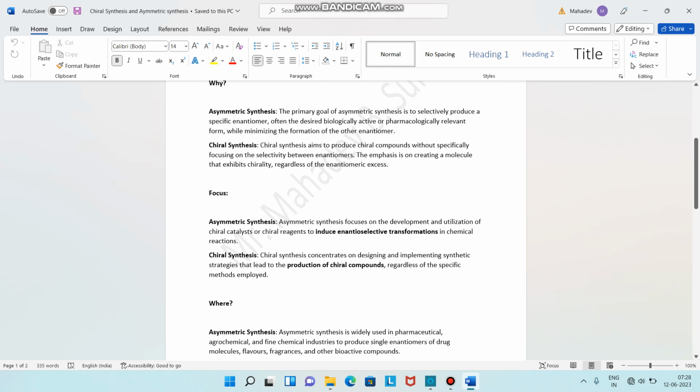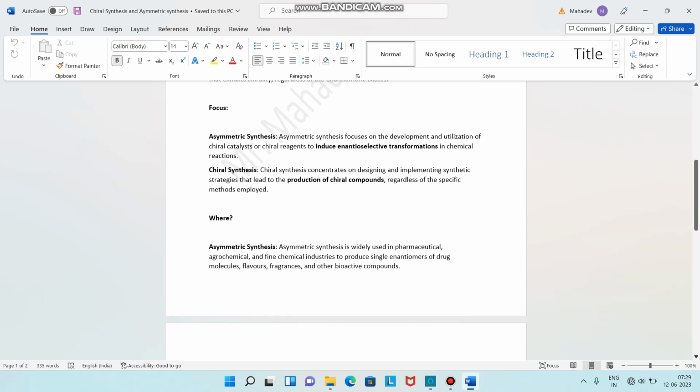And in chiral synthesis, the focus is on designing and implementing synthetic strategies that are used to produce a chiral compound. Here the focus is not on the method employed. The focus is on synthesis of the chiral compound.